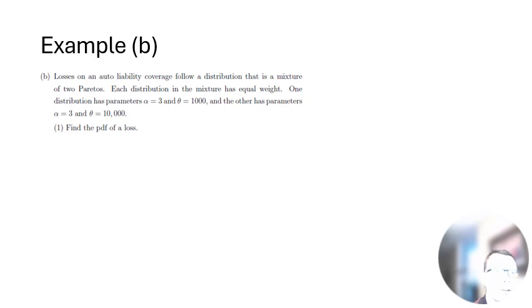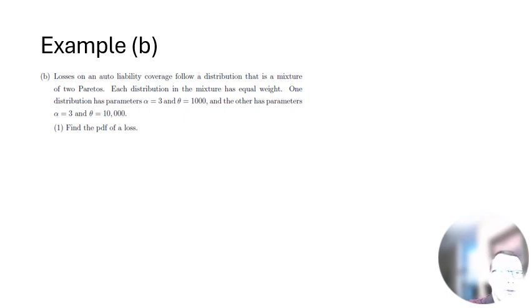Find the PDF for loss. So we know the PDF of this loss, which is a mixture distribution, should be the weighted average of each PDF. So first we want to write it out as this.